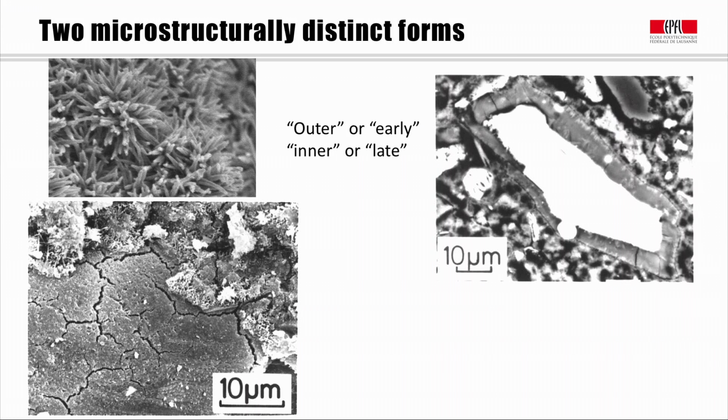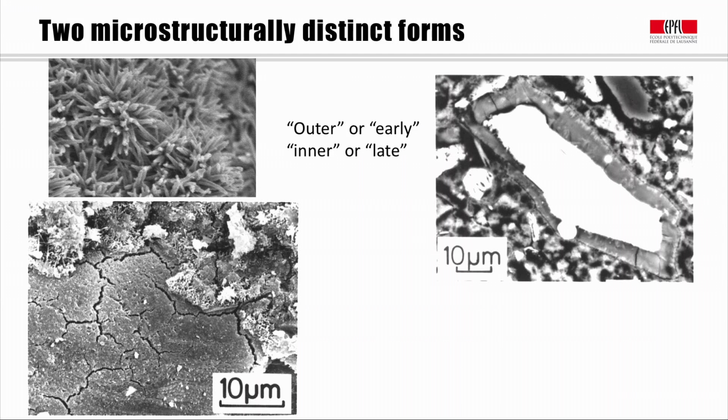It's more clear to see these two different forms in a cross-section such as shown on the right, which is imaged with backscattered electrons. Here we see an unhydrated cement grain. You can see this dense, thick layer of inner product. It's called inner product because it's formed in place of the cement grain, and just on the surface of that you can see this fine outer early product.